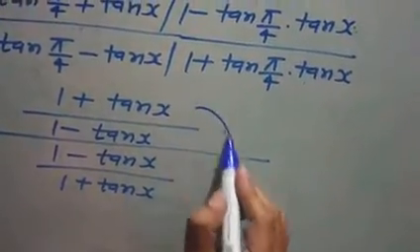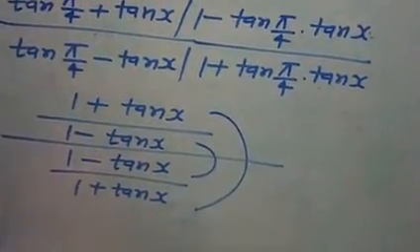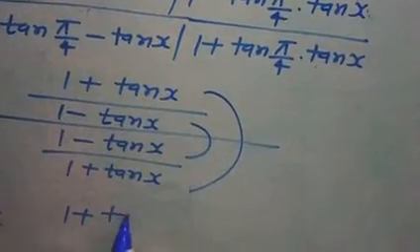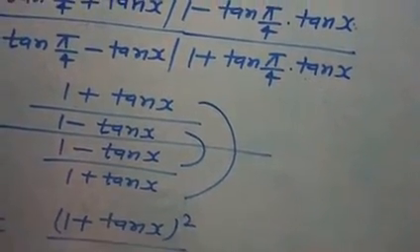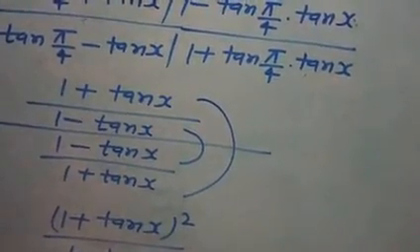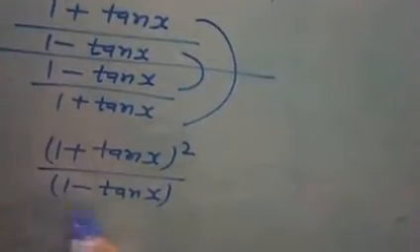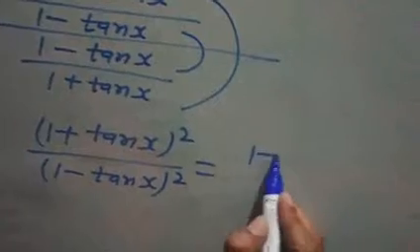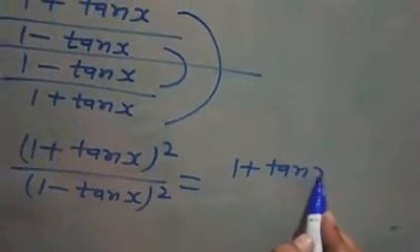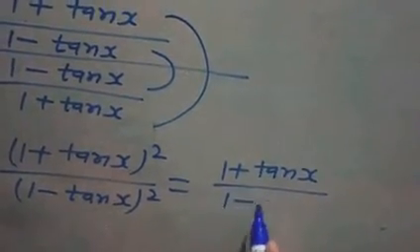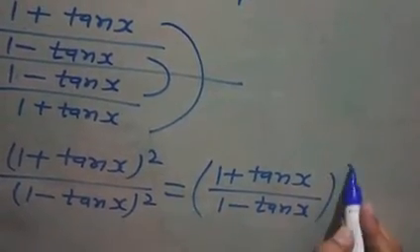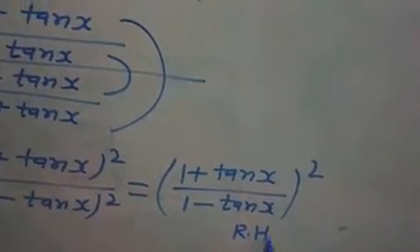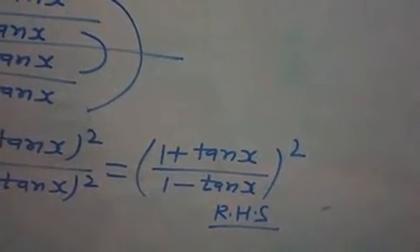Now you can see this is multiplied by this, so here that is going to be (1 + tan x) whole square upon (1 − tan x) whole square, and that can be written as ((1 + tan x) upon (1 − tan x)) whole square, and this is our right hand side.